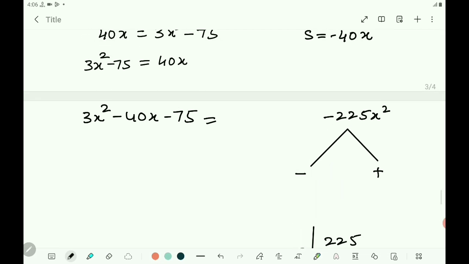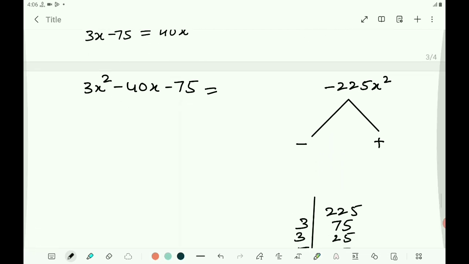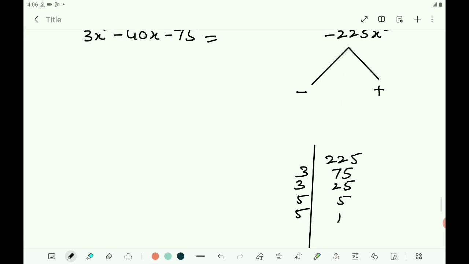Here the sum is minus 40. Then you can have 15 and 15... that is 45 and 5: minus 45x plus 5x. 45 times 5 is 225, minus 45 and plus 5x is minus 40x.